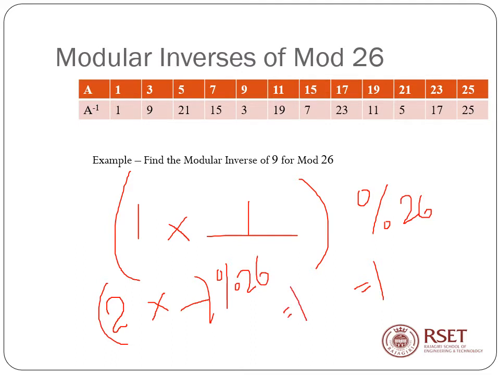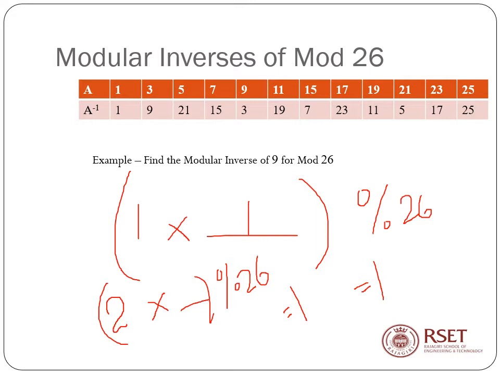Can you find any number that, when multiplied by 2, gives you 1 as a remainder when you divide it by 26? 13 into 2 is 26, and 26 mod 26 is 0. 14 into 2 is 28, and 28 mod 26 is 2. You will never get a multiplicative inverse for 2.